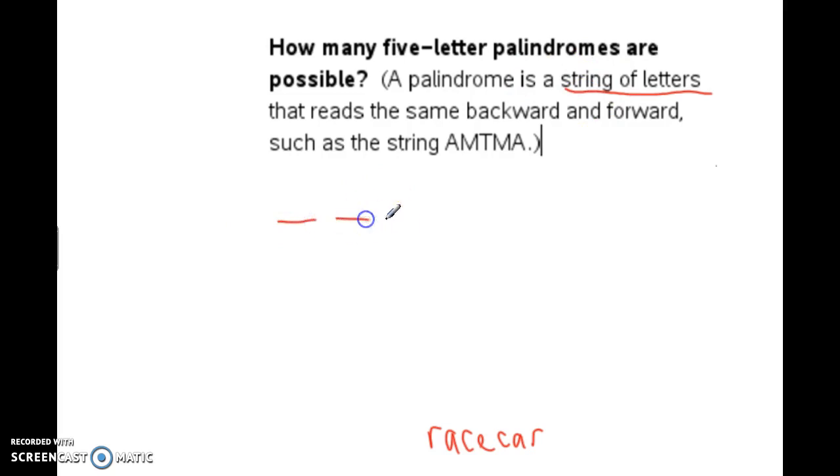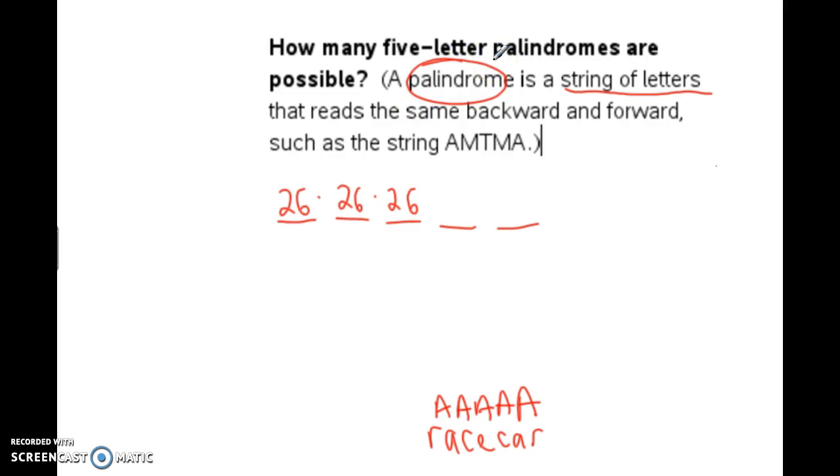So we have 5 letters that we're choosing, and not just from those letters, but from any letter. So the first letter could literally be any letter in the alphabet. There are 26 possibilities. According to this, AA would be a palindrome, right? It doesn't say there can't be repeats. So I think that second letter could be anything, and that third letter could be anything. But it does say it has to be a palindrome.